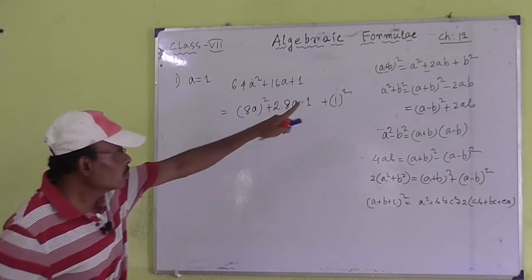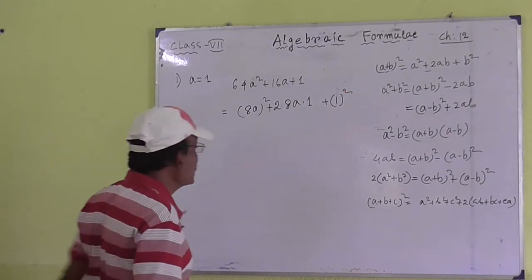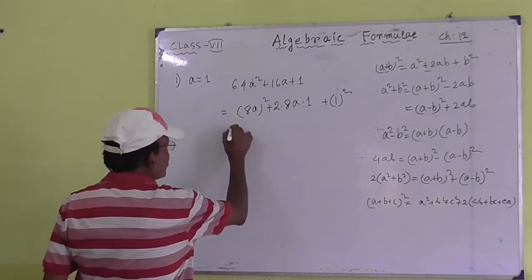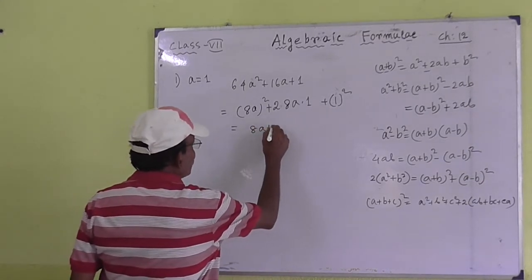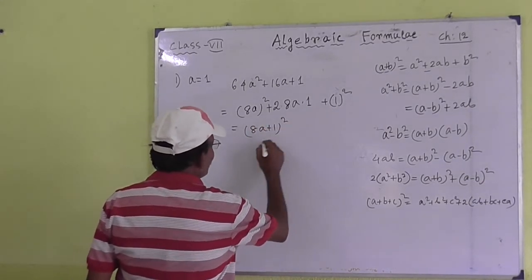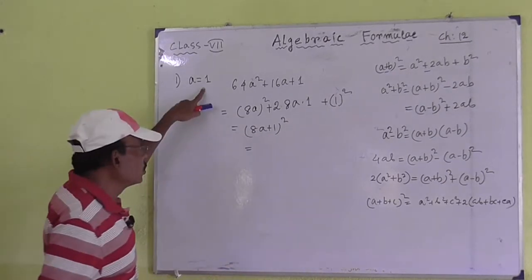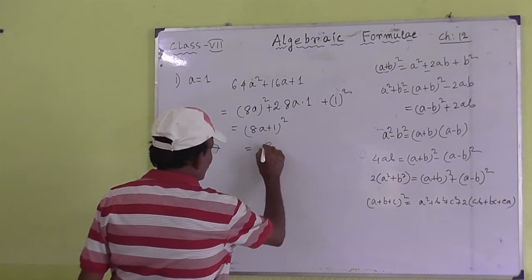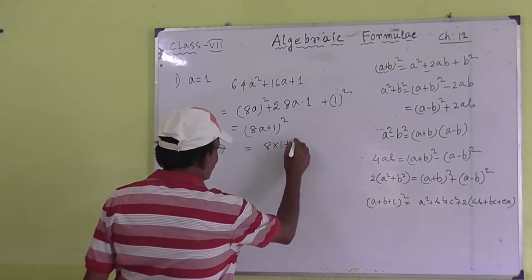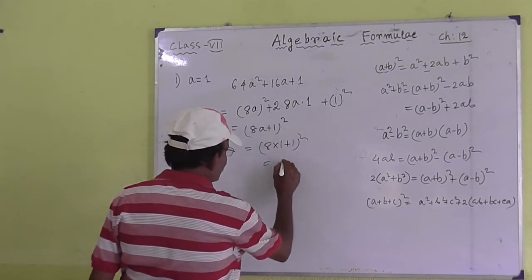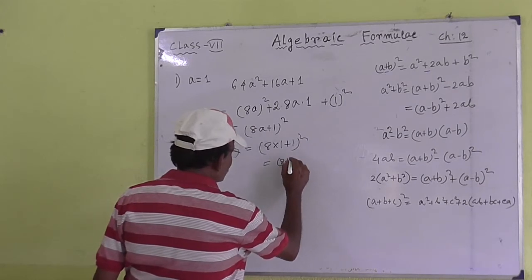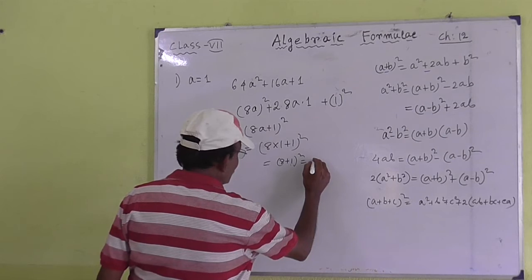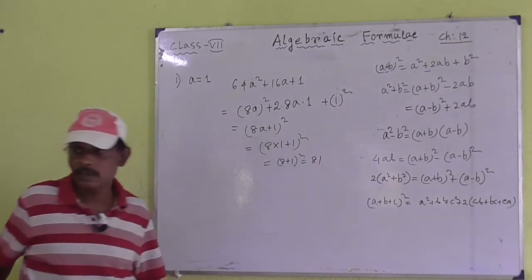So look at this formula, a plus b whole square, a square plus 2ab plus b square: 8a plus 1 whole square. Putting the value of a equal to 1, we have 8 into 1 plus 1 whole square, that means 8 plus 1 whole square, that means 81.